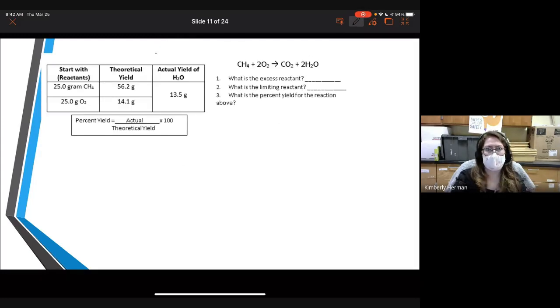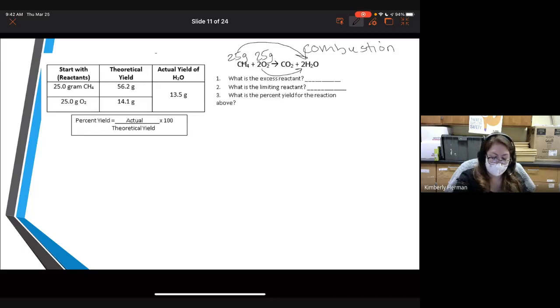So let's take a look at this chart. It says for this methane combustion reaction, we're going to be having 25 grams of my first reactant and 25 grams of my second. Now, theoretically, methane can make 56.2 grams of water, and theoretically, oxygen can make 14.1 grams.